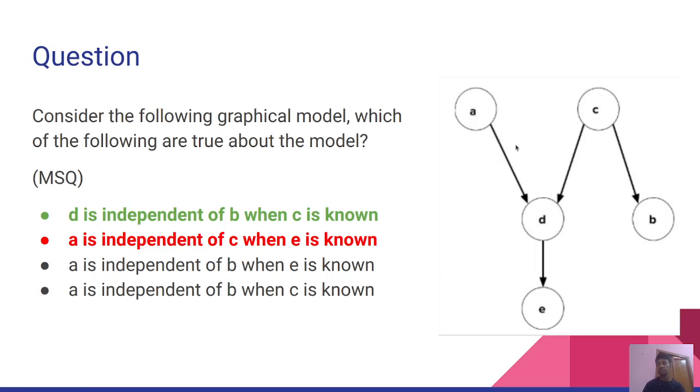Then, A is independent of B when E is known. Is it correct?